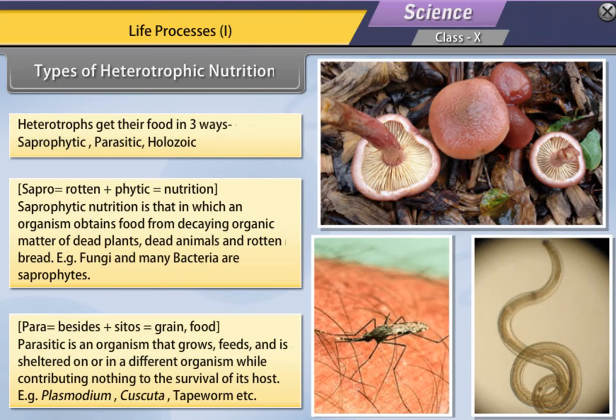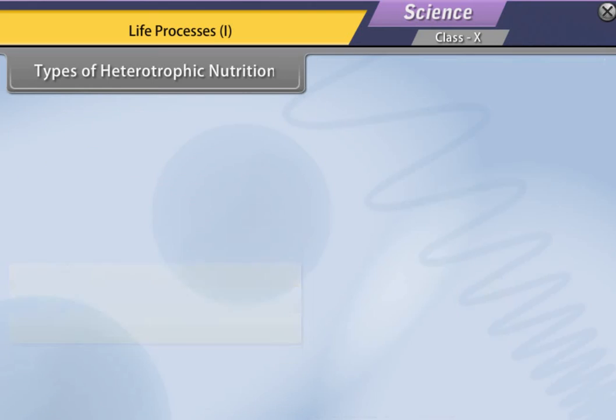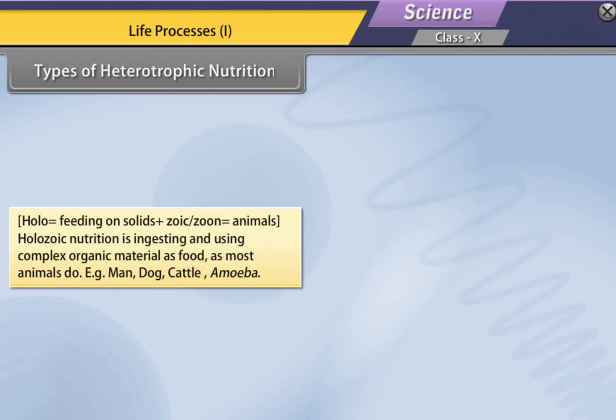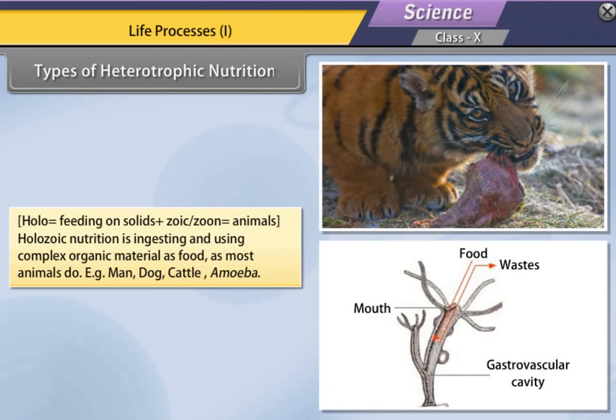That is, Plasmodium, Cuscuta, tapeworm, etc. Holo means feeding on solids, and zoic, zoon, means animals. Holozoic nutrition is ingesting and using complex organic material as food, as most animals do, that is man, dog, cattle, amoeba.